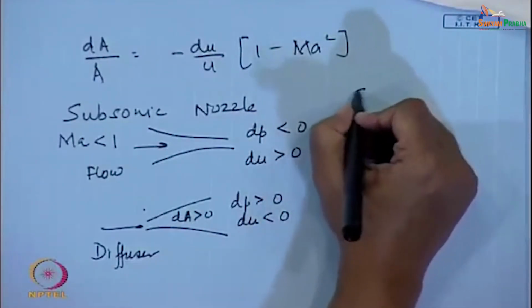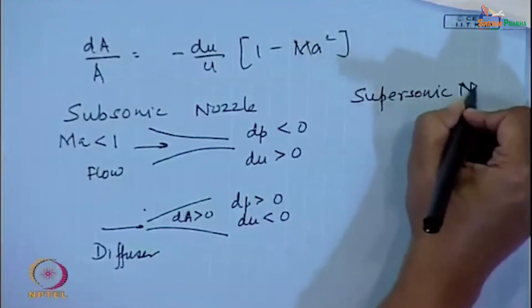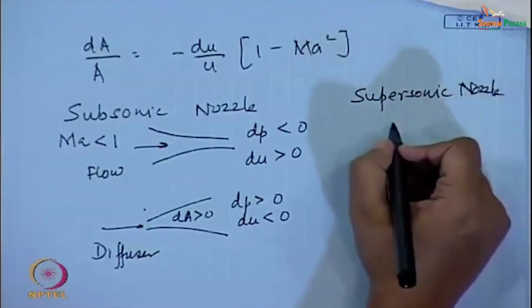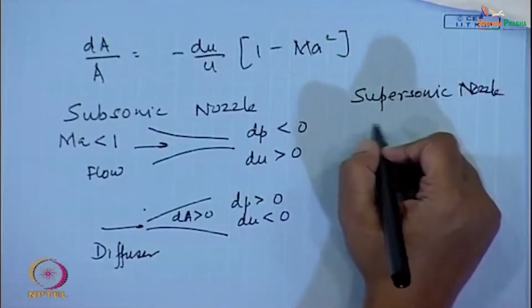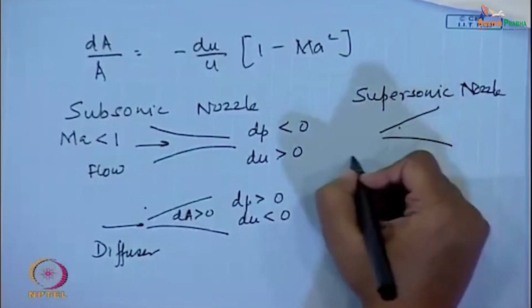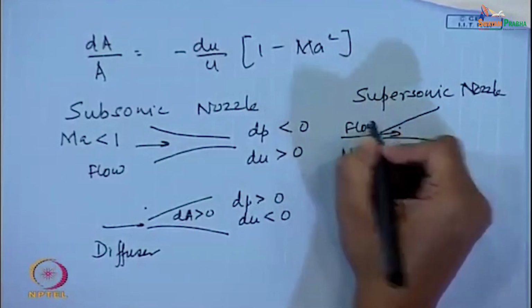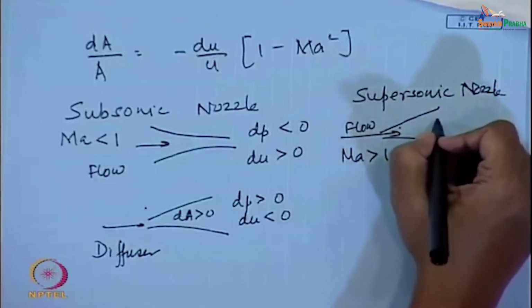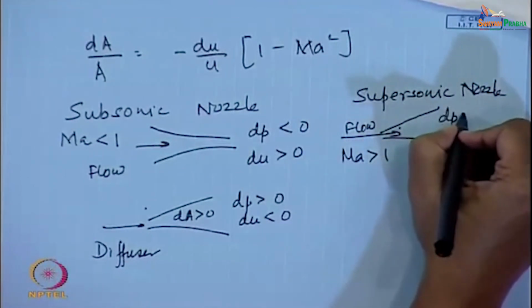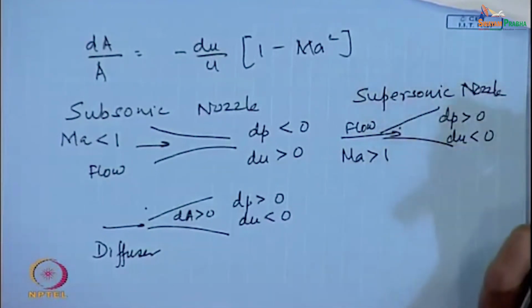Agreed? But we find that when we go for the supersonic nozzle, the nozzle will be something of this sort. Here Ma is greater than 1, flow occurs in this direction, and we find that for this case dP is greater than 0, du is less than 0.